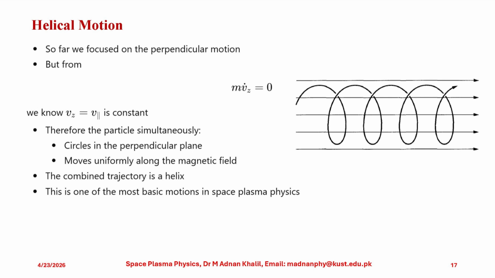Combining these two motions produces a helix. The figure on the right shows this very clearly. The straight horizontal arrows represent the magnetic field lines. The orbit wraps around them in a spiral, showing that the particle is advancing forward while also circling. This helical motion is one of the most basic and recurring pictures in plasma physics.